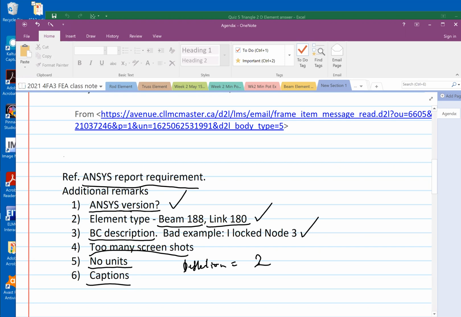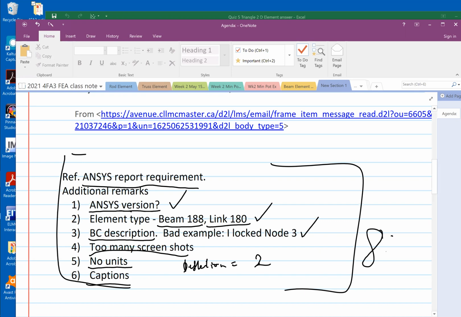Okay, if you have all this, with the report requirement that I specify in Finite Avenue to Learn, you get up to 80%. And then the rest of it is the overall presentation, how you write. Do I feel comfortable when I read it? Does it look like a professional report?